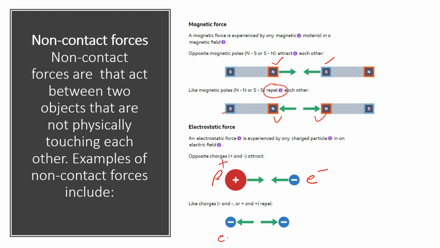If two electrons come near each other, they will repel. Similarly, if two protons come near each other, they will again repel.